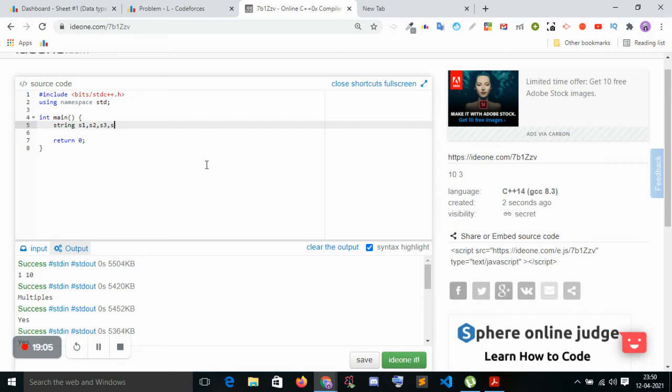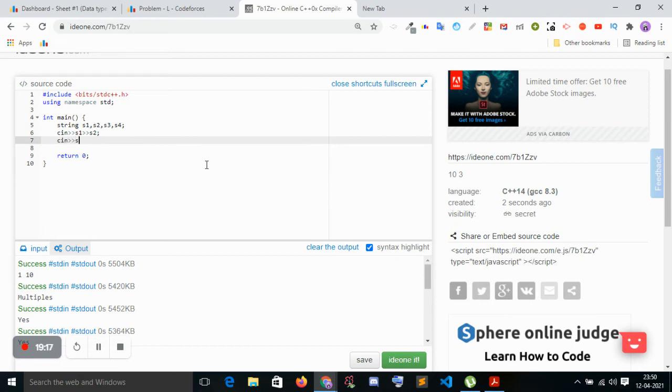I just use cin s1 s2, where s2 is our first person's surname, then cin s3 and s4. So if s2 and s4 are equal, then cout they are brothers.